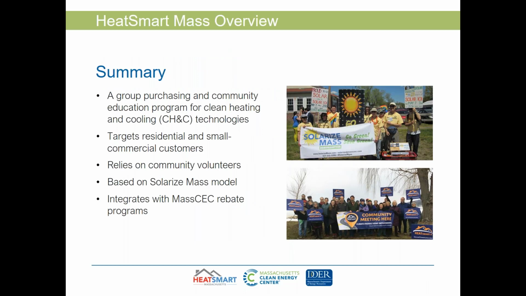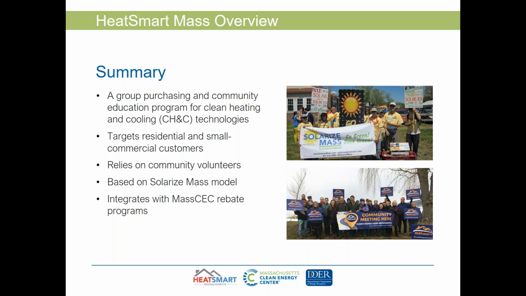And we mentioned HeatSmart Maps, that's what you're all here for today. So a brief summary of what HeatSmart Maps is. It is a group purchasing and community education program specifically targeted at clean heating and cooling technologies. It targets residential and small-scale commercial customers, and it mainly relies on community volunteers for that group purchasing model, which we'll talk about in a minute.